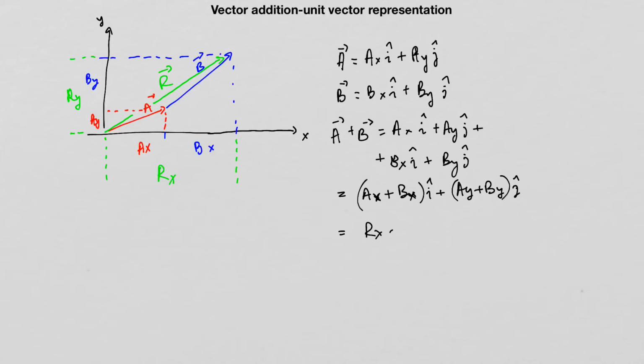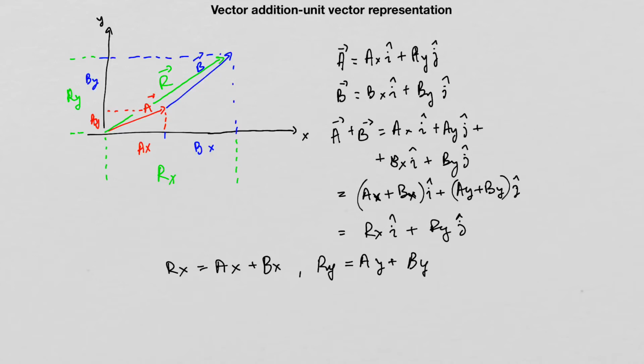So Rx i-hat plus Ry j-hat. And so the x component of the resultant vector is the sum of the x components of vectors A and B. And the y component of the resultant vector is equal to the sum of the y components of vectors A and B. So when you're adding vectors, all you have to do is add the components along the same coordinate direction to get the component of the resultant vector.